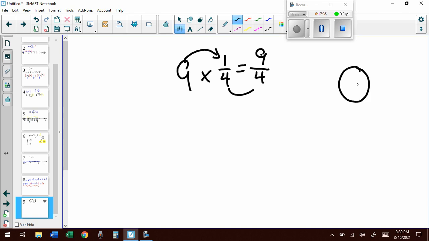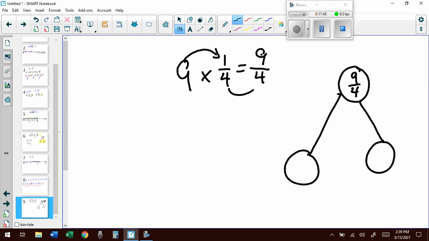We make a number bond for 9/4. We first partition into one whole, or 4/4. Now we have 5/4 left, because 4 plus 5 equals 9.